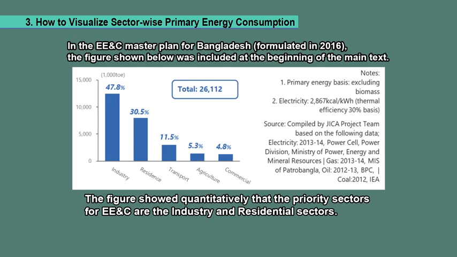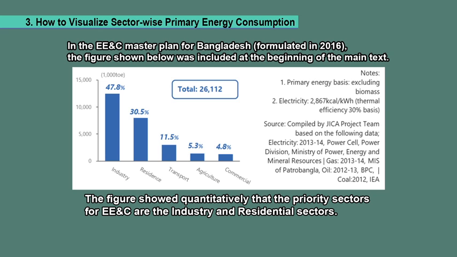The next example is the data used in developing an EE and C master plan for Bangladesh in 2016. JICA programs and cooperation with Bangladesh began based on this data. Bangladesh is an industrial country, and industry accounts for about 50% of energy consumption on a primary energy basis.